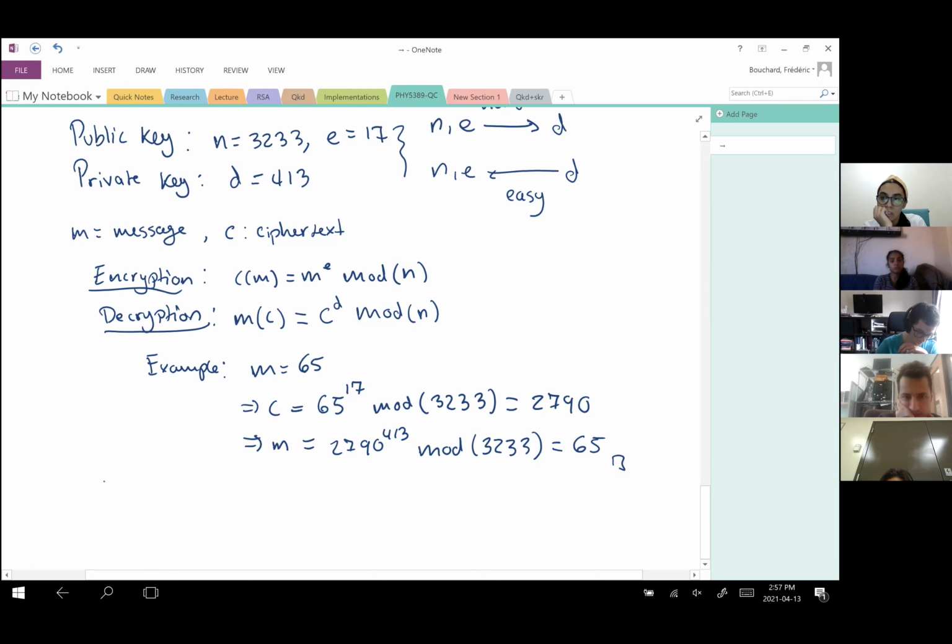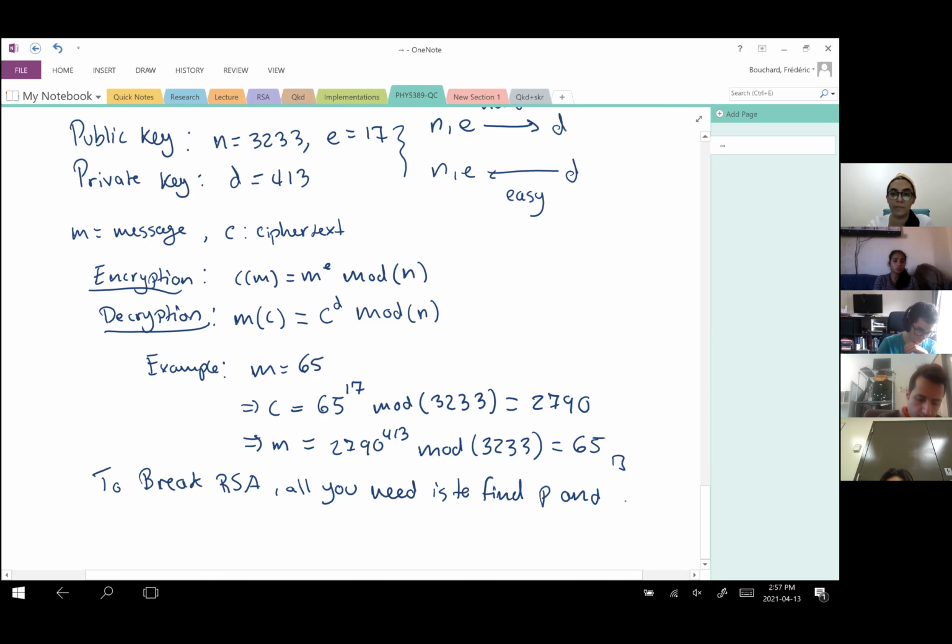So the only way to break RSA, really all you need to do is to find P and Q. That's it.